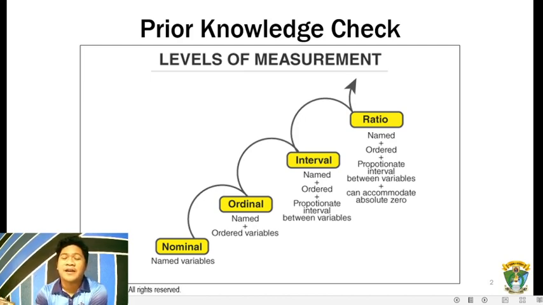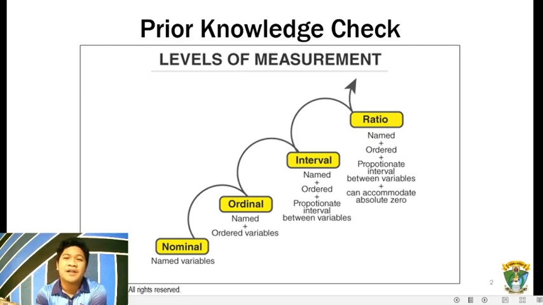Now we have here the interval and ratio data. So interval and ratio data contain characteristics. They have labels also. They can be ordered also, but there is a difference between interval and ratio. Okay? Interval, additional characteristic is there is proportionate intervals between variables, meaning that the difference between two steps or between two quantitative data are the same.